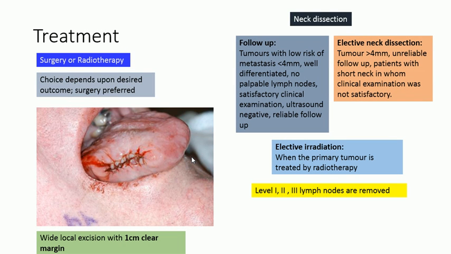So we are talking about stage 1, T1, N0, M0 over here. T1, N0, M0 is stage 1 oral tongue cancer. Stage 1 tongue cancer can be treated by surgery or radiotherapy or a combination of both, based on the desired outcome. If a person wishes to speak, and you as a surgeon decide that you don't want to take off the tongue or excise the lesion, you go for the option of radiotherapy.